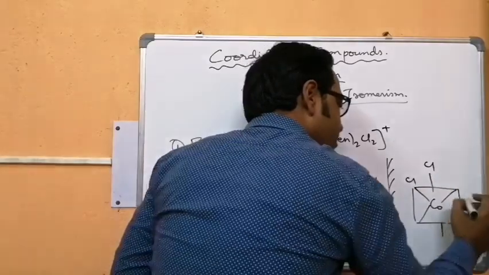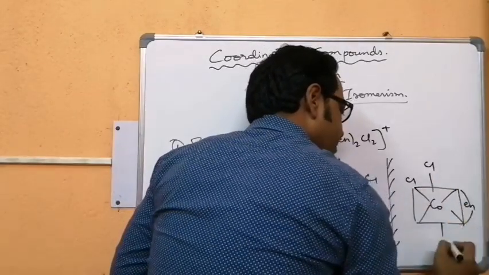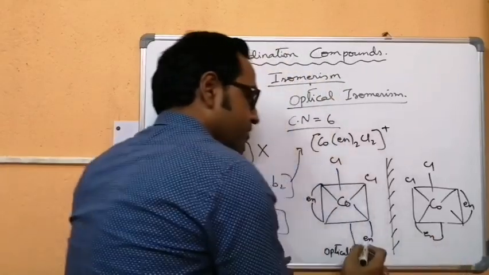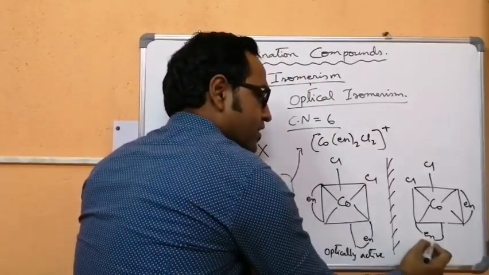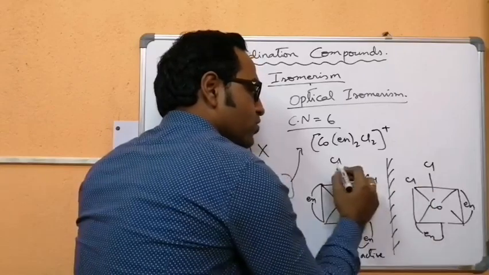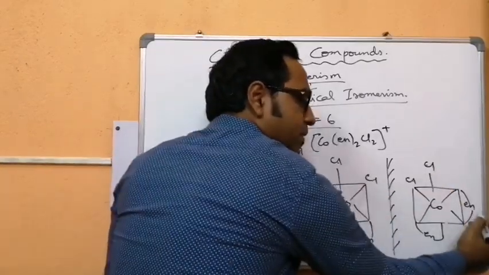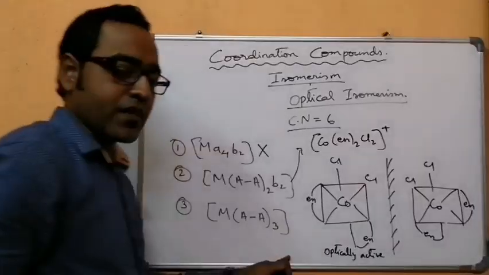Cl, Cl, en, en. This en will have reflection here. This en, the reflection will be here. This chlorine, reflection here. This chlorine, reflection here. And this en, it is at the back, so its reflection will be here.